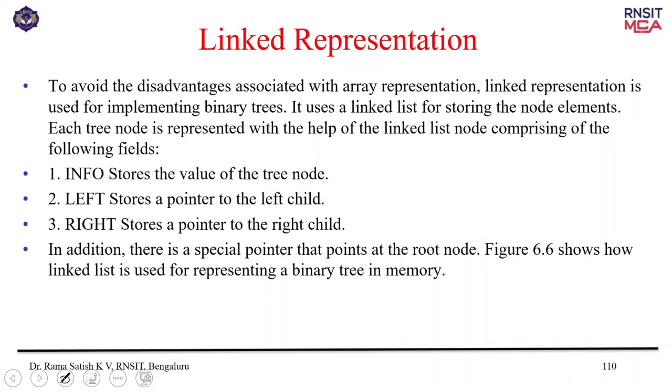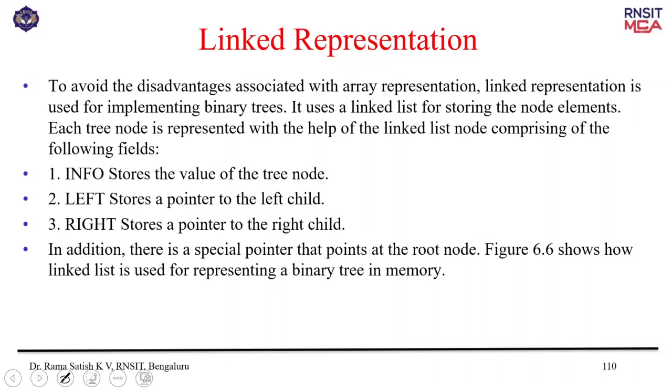It uses a linked list to store the node elements, and each tree node is represented with the help of a doubly linked list, comprising one info field, one left link, and another one, the right link.